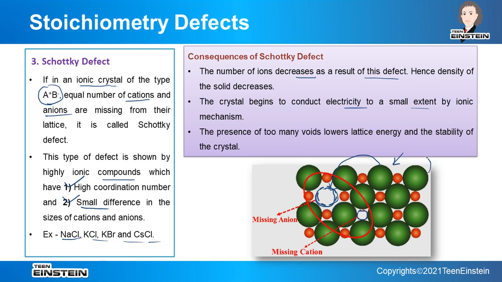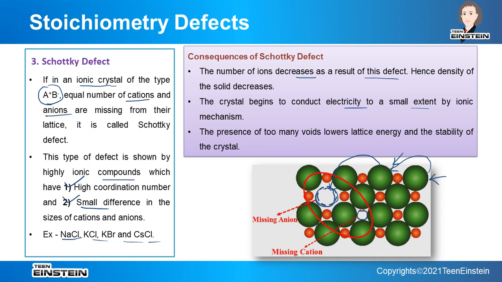Similarly, if another sphere moves here, then the hole will be created here. So in this way the hole is changing its position. When this type of change in position of holes occurs, there is conduction of electricity.